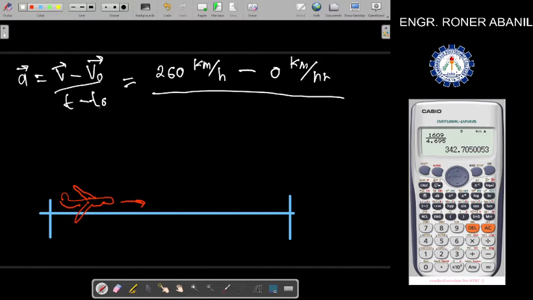Over final time. Ang final time natin is, di ba nag-accelerate siya sa loob ng 29 seconds? Tama. So, 29 seconds na naman. Minus the t initial na 0. Tama. 0 yun. Kasi naka-rest lang siya eh. Okay? So, let's solve this.